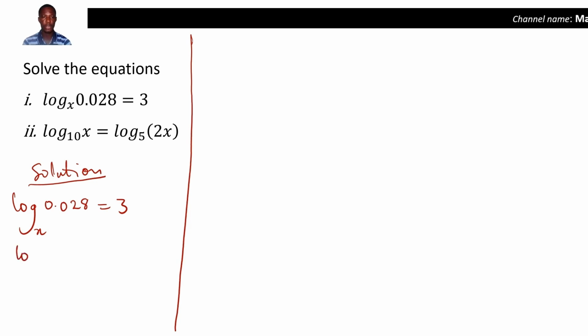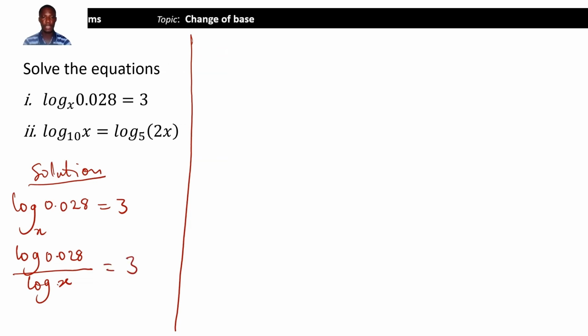So I'll write it as log 0.028 divided by log x. I believe if I didn't write the base, you understand that it is in base 10. That is equal to 3 as we see.